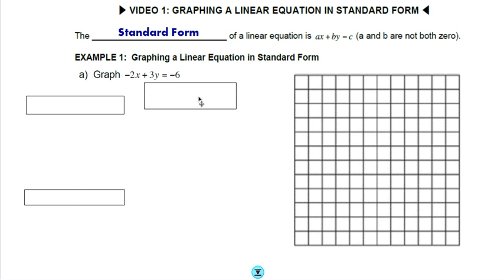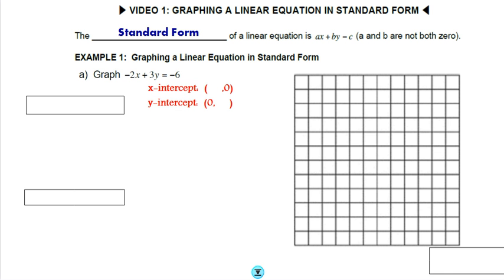Remember that when we find x-intercepts, it looks like a number, 0, because y is 0. And the y-intercept is when x is 0, so it's 0, a number. Now we're going to use this information to find the intercepts from this equation.